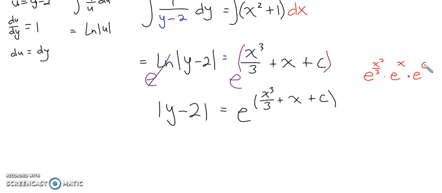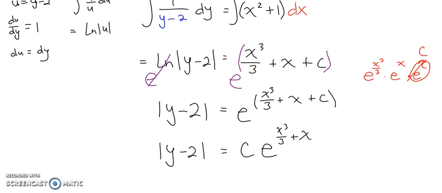And I just want to remind you that e to the c is just pretty much c. So what we get is this. I left e to the x cubed over 3 plus x together rather than separating them. I just did this step to show you that e to the c is going to be just c. I'm going to use my initial condition to solve for c.